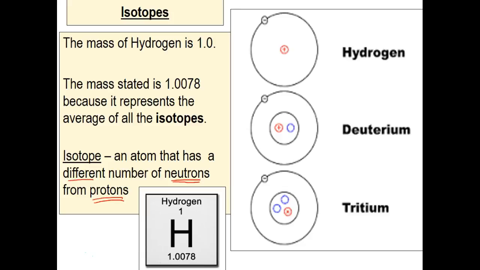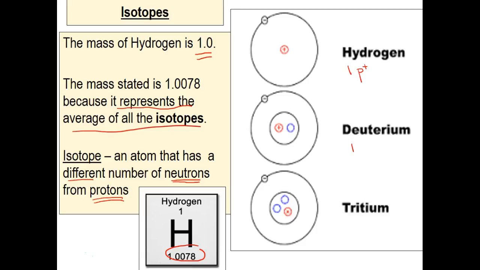For example, the mass of hydrogen is 1. It has 1 proton, with a positive charge. But the overall mass that you can see on the periodic table is 1.0078. That's because that is the mass if you add up and average all of the isotopes.